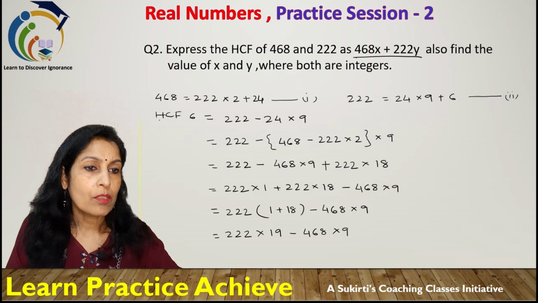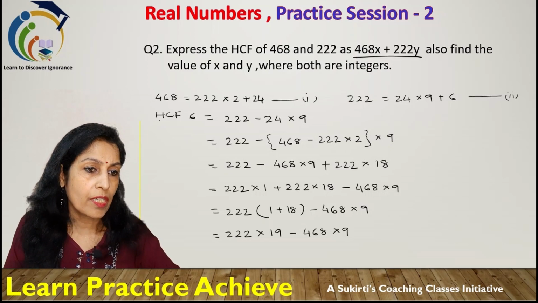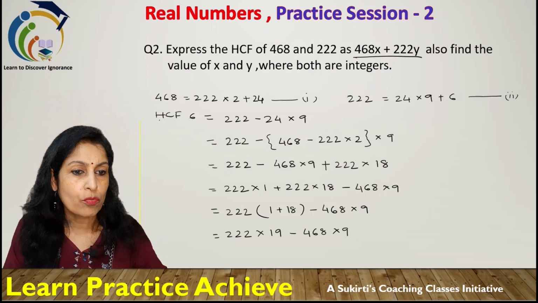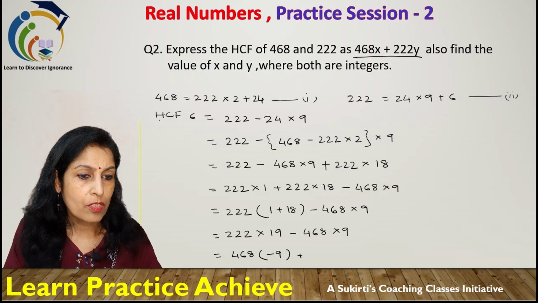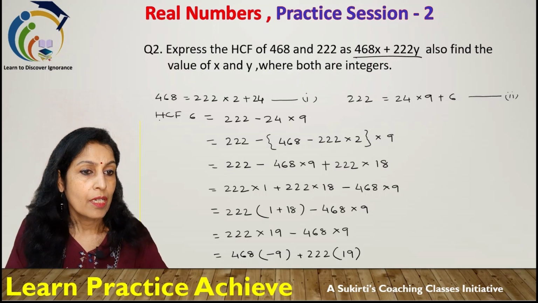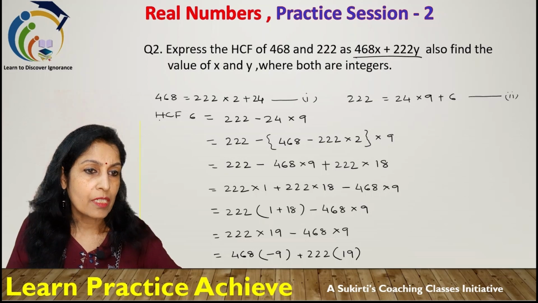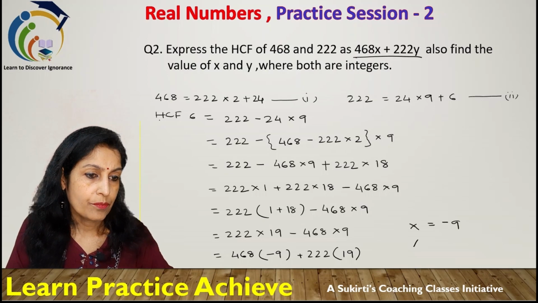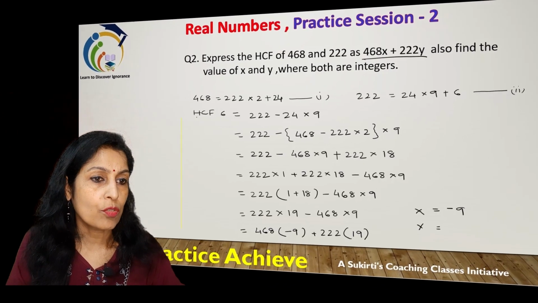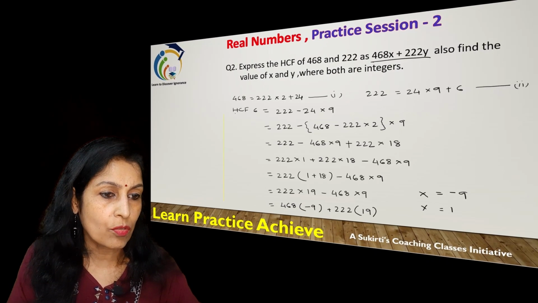If you see the question, the first part is 468 into x plus 222y, so we can write it just by changing the position: 468 into minus 9, plus 222 into 19. So when we express this, x is equal to minus 9 and y is equal to 19.